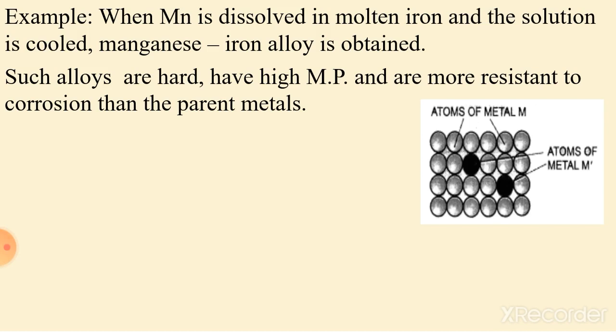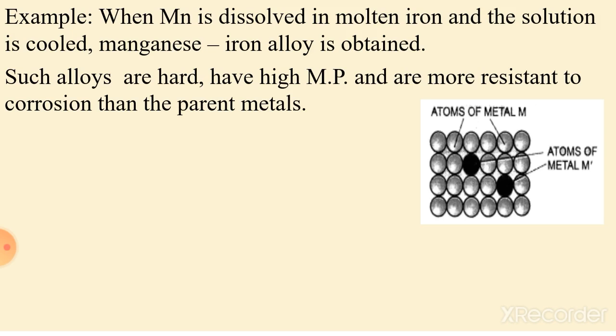Here atoms of metal M dash replace atoms of metal M. This is an example of an alloy. This happens when two elements are mixed, so they form an alloy. One can take the place of the other metal. This is because they have a difference in atomic radii of approximately 15% of each other.